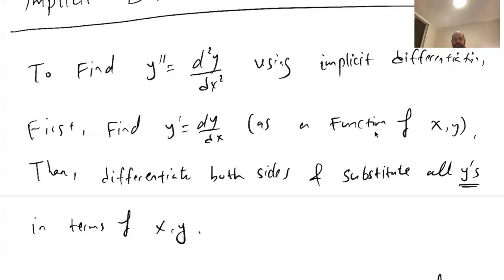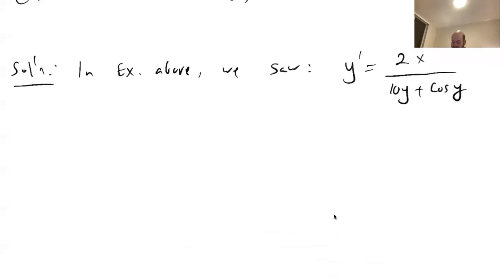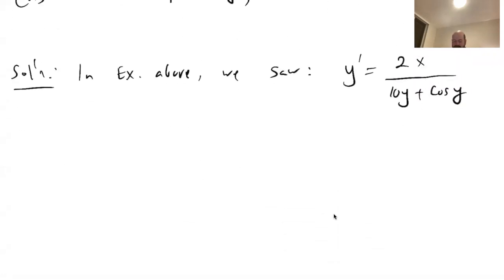You have y prime as a function of x and y. And if some y primes appear after you differentiate, you can of course substitute them back, because we already know that y prime is 2x over 10y plus cos y. So let me differentiate both sides of this equation. What do we get then? So we saw this. Now differentiate both sides.